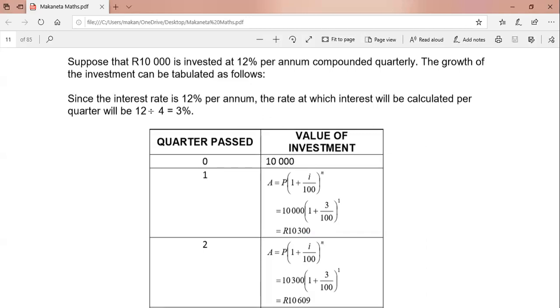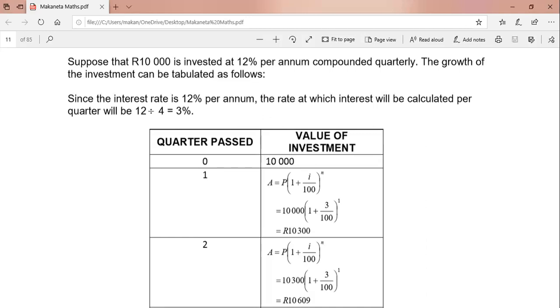Remember, we have already divided 12 by 4 to get 3. So it means every quarter you get 3% in the same year, which is 1. So N there is 1. Interest is 3%, which becomes 3 over 100. And of course, if you divide 3 by 100, you get 0.03.